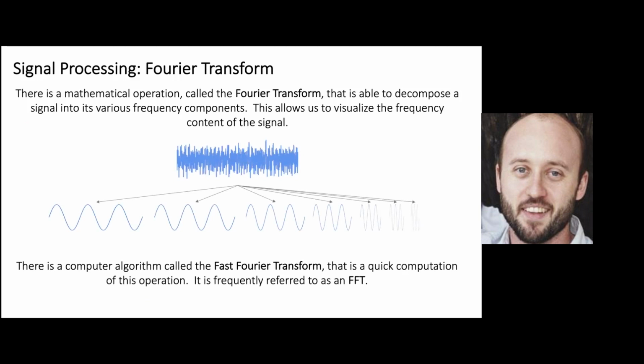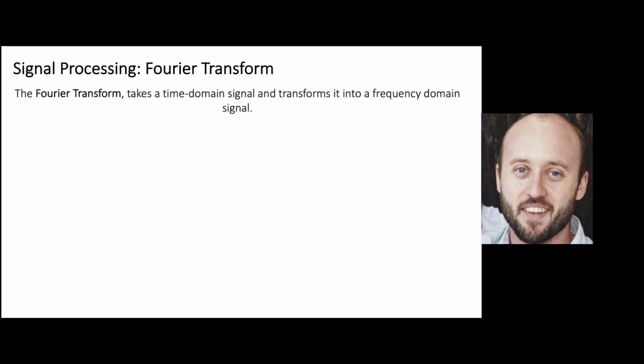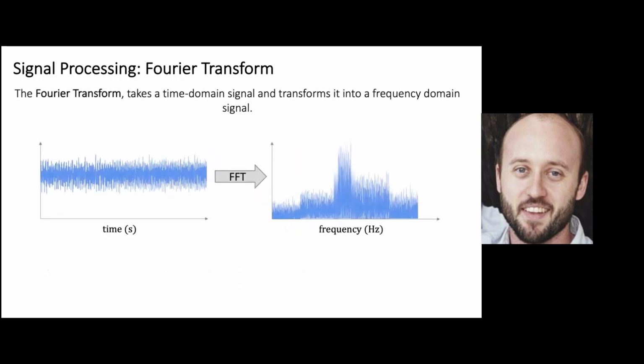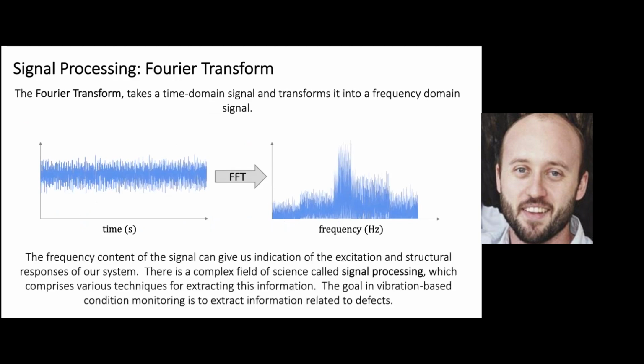And remember, those frequency components are important because they may be related to an excitation that is a defect in the system. So our vibration signal occurs in what is called the time domain, looking at acceleration over time. But if we do an FFT, we're transferring all of our data from the time domain to the frequency domain because we're breaking it down into its individual frequency components.